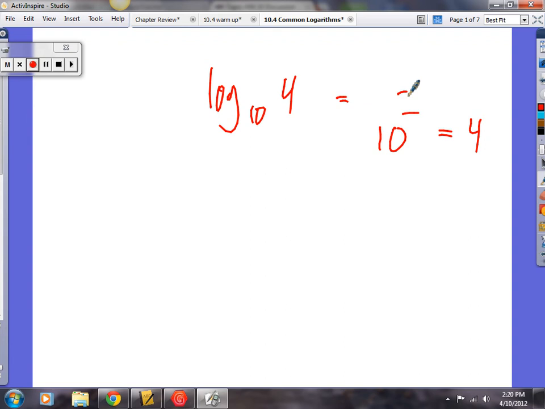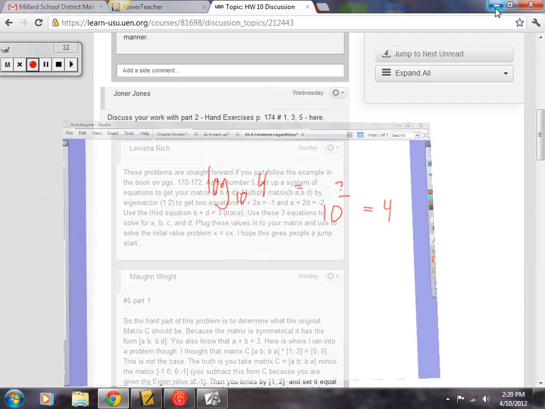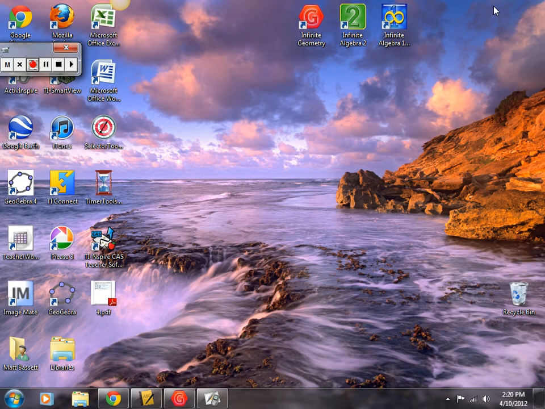What kind of number is this going to be? It's going to be a decimal, not a whole number. Is it positive or negative?